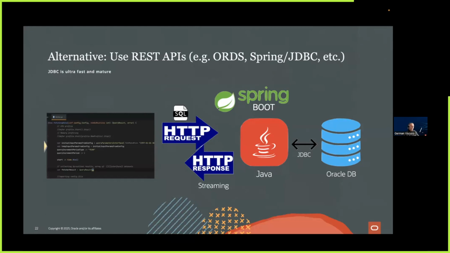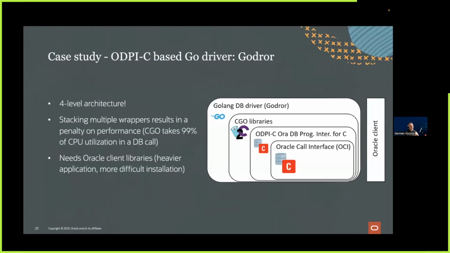So you might run Spring Boot with Java and just use JDBC to connect to the Oracle database. And this usually gave Goran better performance than the actual Go binding. But the Go binding is a very special case because it's a 4-level architecture, and it's using those CGO libraries that basically take 99% of the CPU when you do a database call, which is huge.